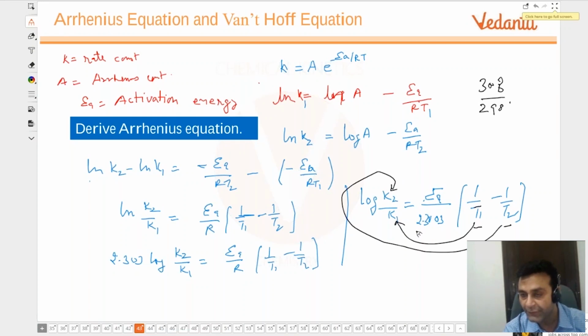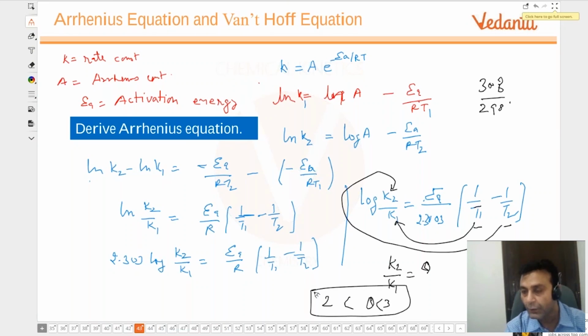We have to find the ratio K2 upon K1. For every reaction, K2 upon K1 is the temperature coefficient theta. This ratio theta lies between 2 and 3 for every reaction. For every 10-degree rise in temperature, rate becomes double to triple.